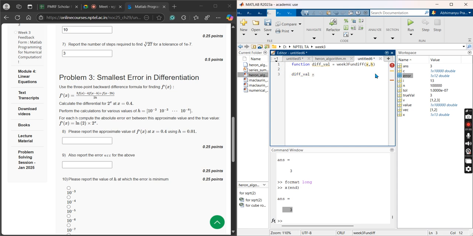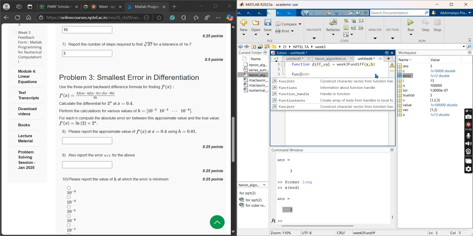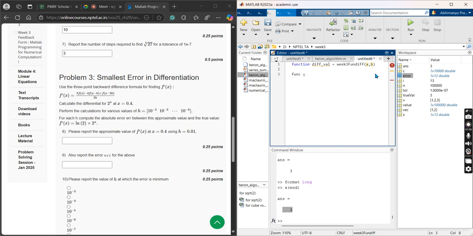So let me just write it as 3 times 2 to the... okay, let us make this a function handle only, because then for some other function also we can just simply change the function handle and the code will be the same. Otherwise we need to change a lot of things. So I will make this y, 2 to the power x.